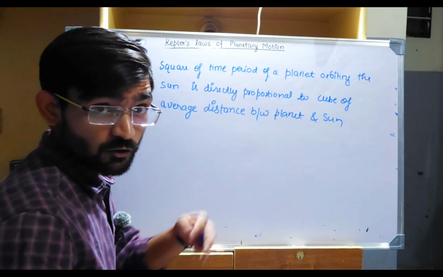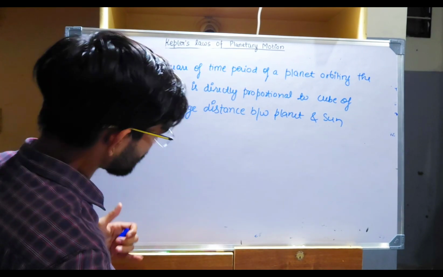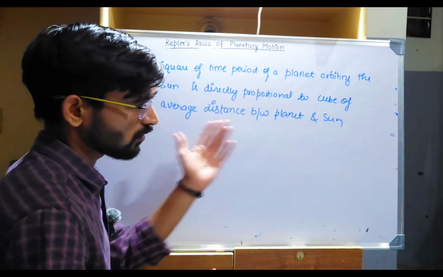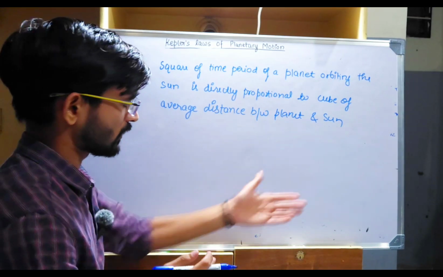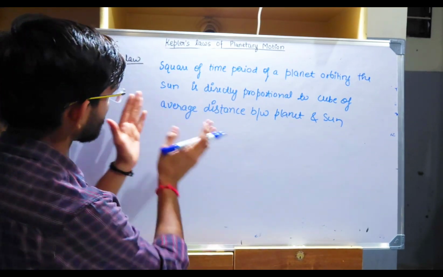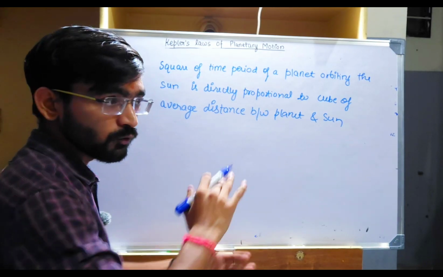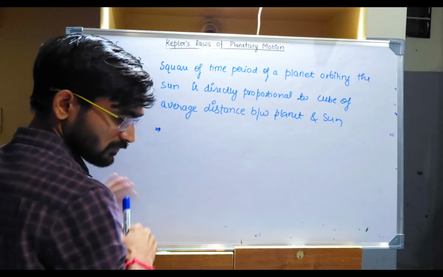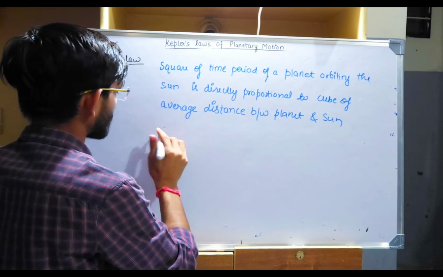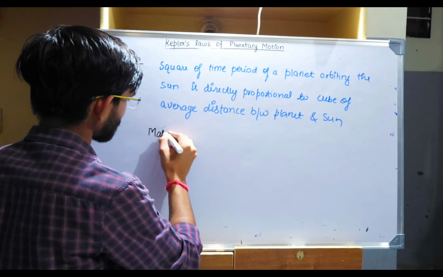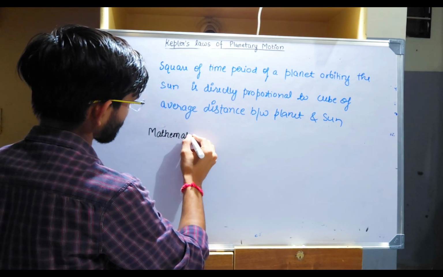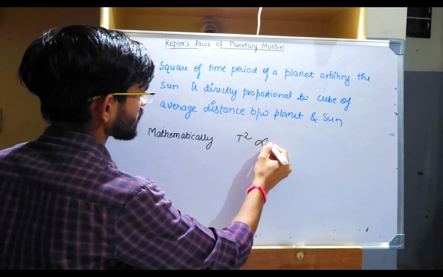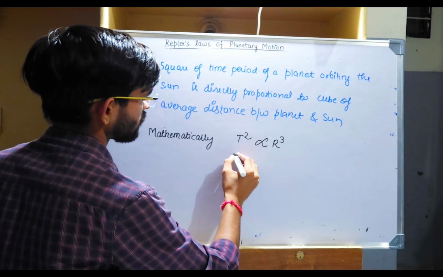And these laws are not only valid for a planet and sun, these laws are valid for everything orbiting a more heavy body, like the moon orbiting the earth, then these laws will be valid for the moon. Now, according to this law, mathematically we can write t square is directly proportional to r cube.